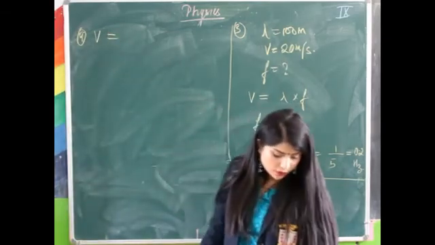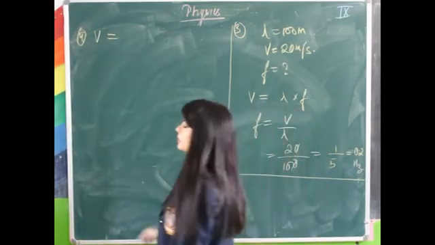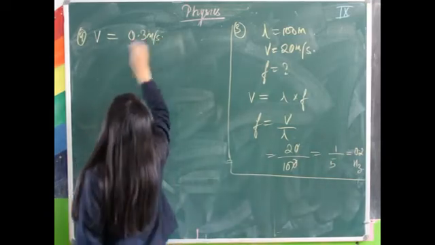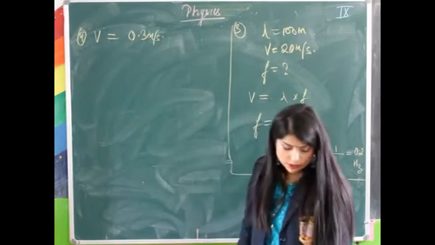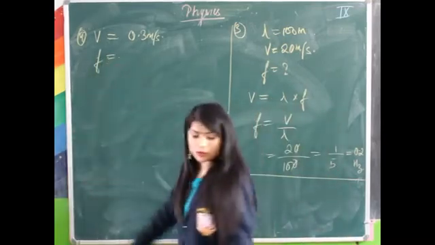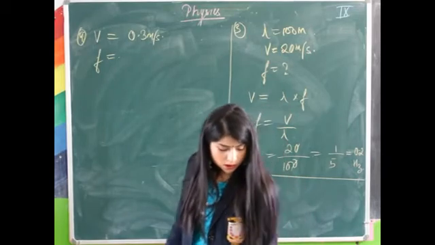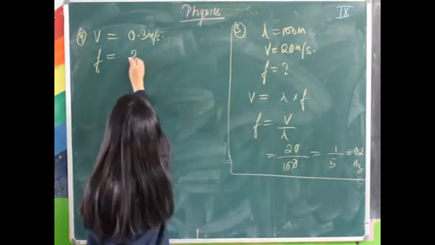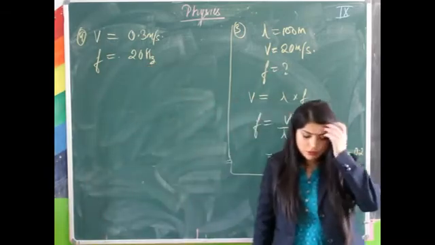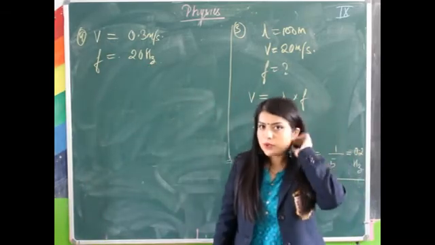Speed is given, we can simply consider it as wave velocity, 0.3 meter per second, and the frequency f is given as 20 Hz. What you have to find is the separation between two consecutive compressions.